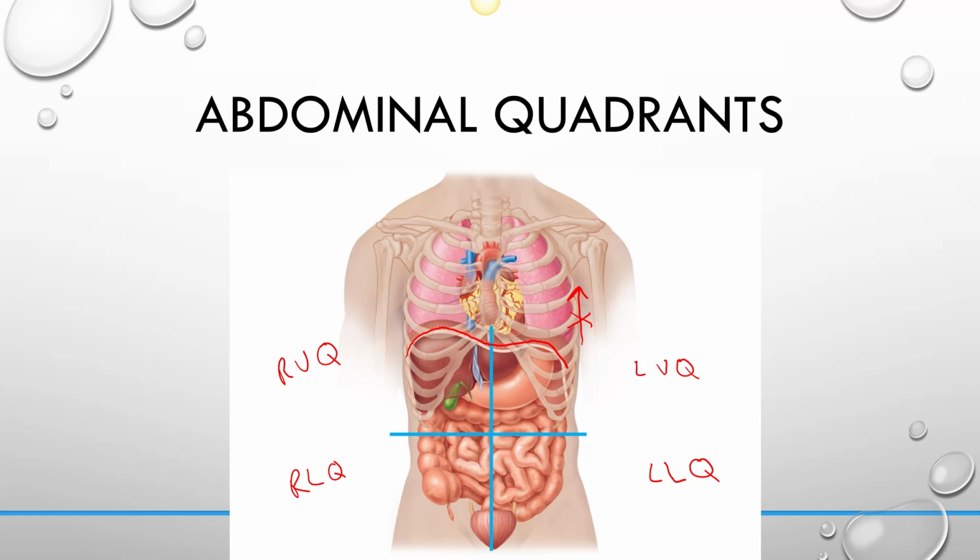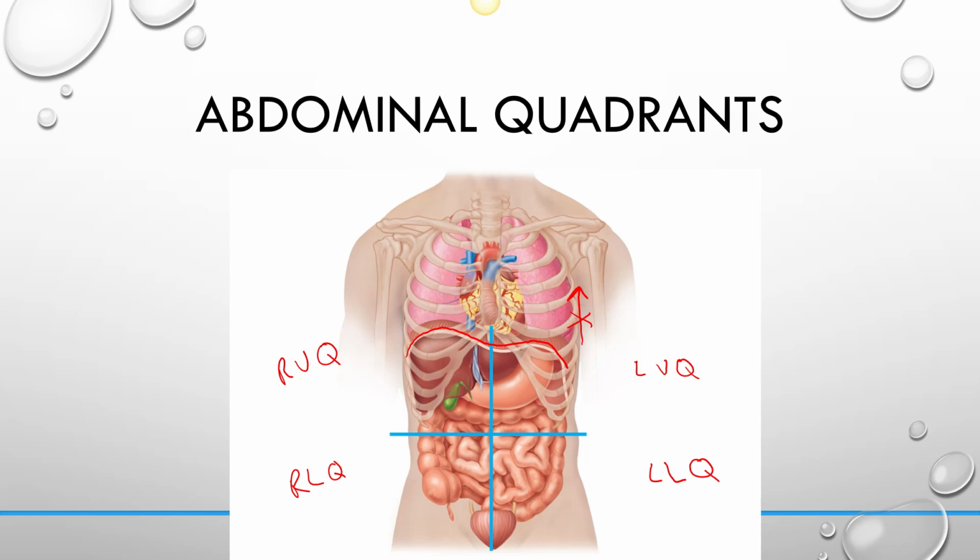For the right lower quadrant, we have large intestine, cecum, small intestine, and then this little worm-like structure is the appendix. And we'll learn more about the appendix once we get to the digestive system and the lymphatic system.